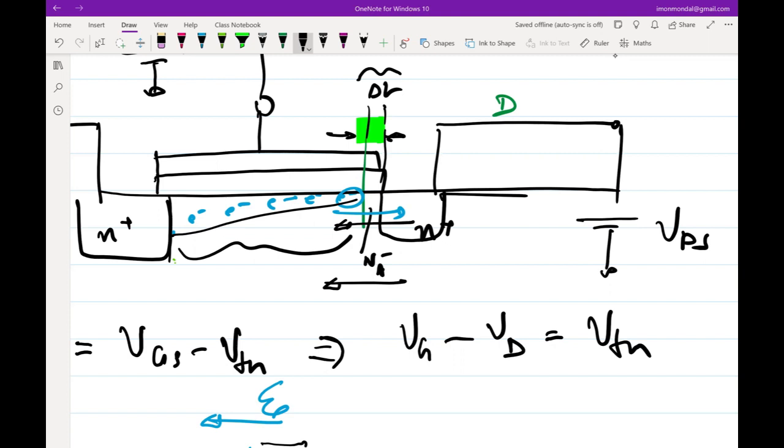So naturally, from that very argument, you can argue that most of this additional VDS that I will be applying will drop across the pinch off region, right? The voltage in the region other than the pinch off region will remain almost as is. The additional voltage will drop across the pinch off region.